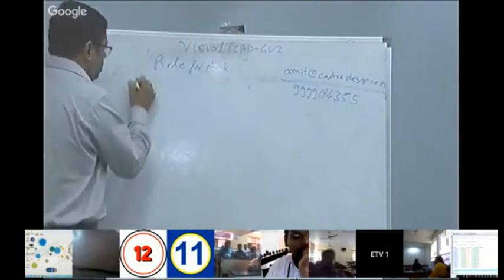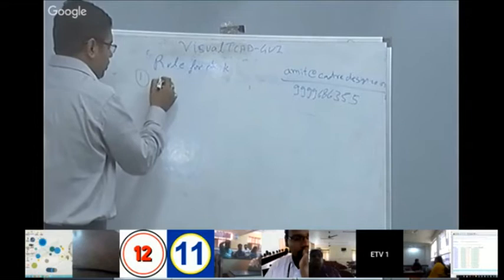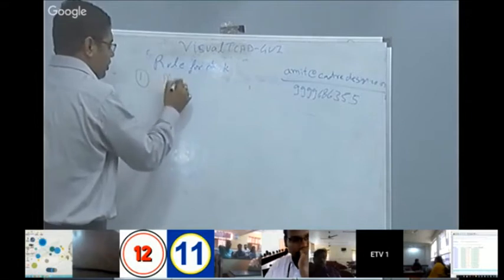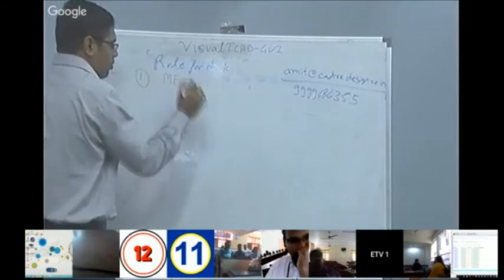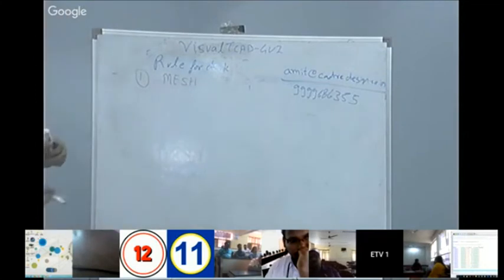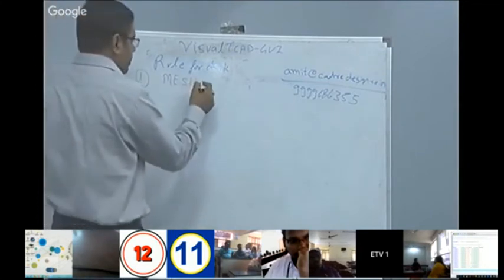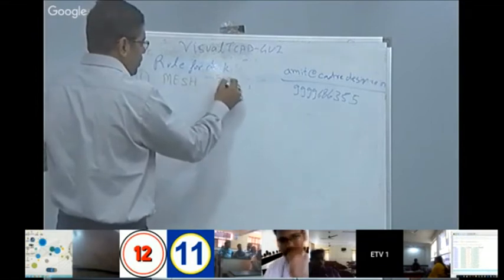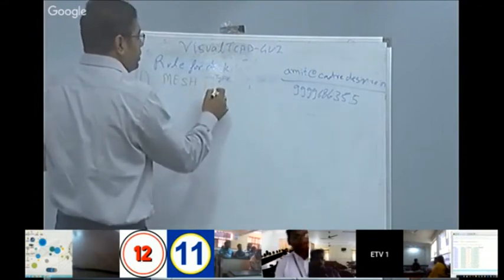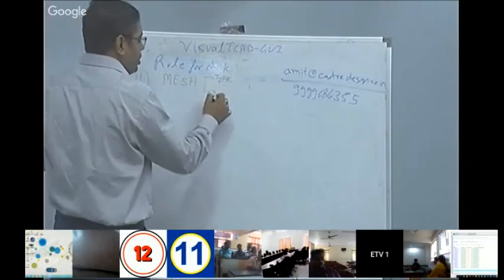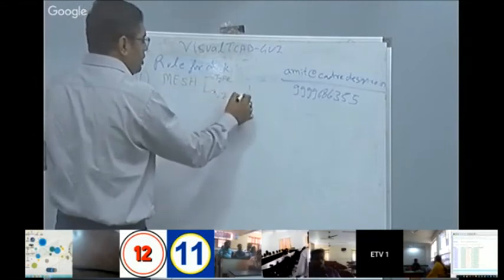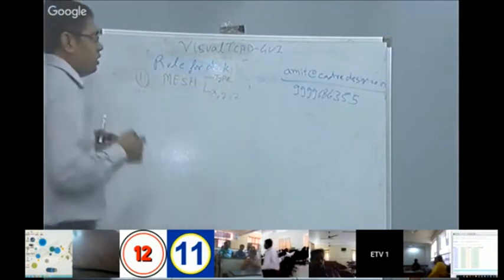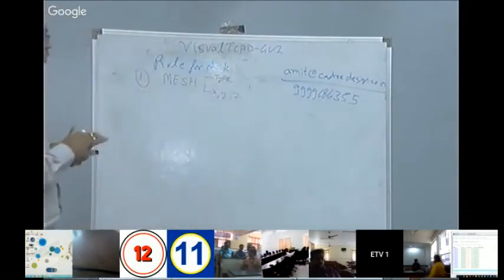First of all, we make mesh. Here in this we define the type and generate, and we define the x, y, or z meshing coordinates. First of all, we make mesh.